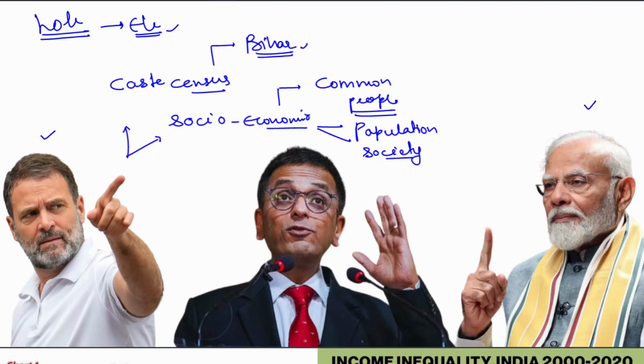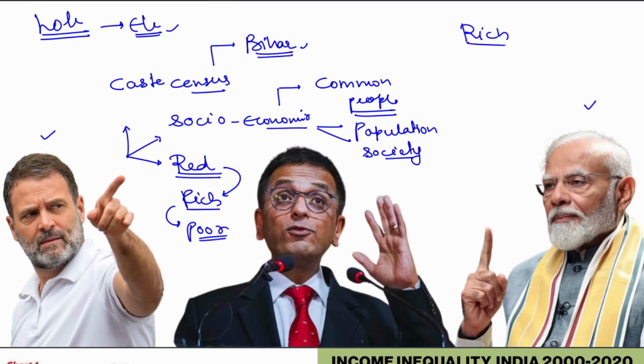And they are saying that they will redistribute the wealth present in India from the hands of those who are rich to those who are poor via different policies. So it will include two things: first of all, taking the money from the rich and giving it to the poor people, or stopping the money from going to the rich people somehow. Both of these policies they are saying they will bring.